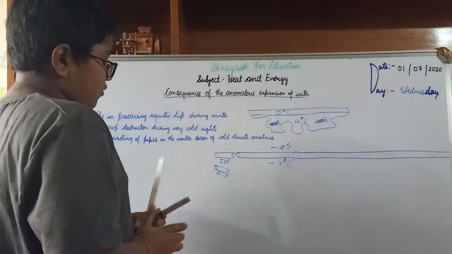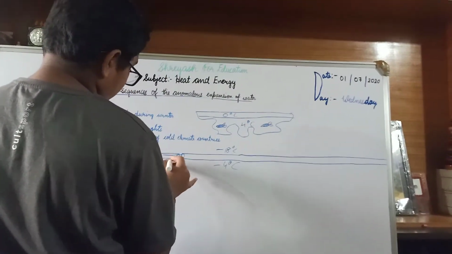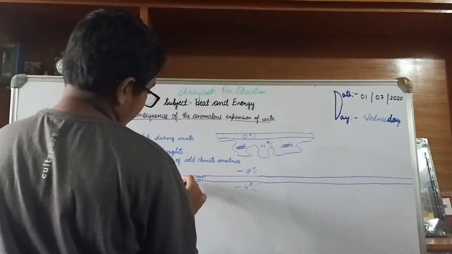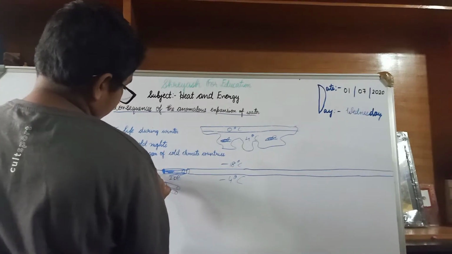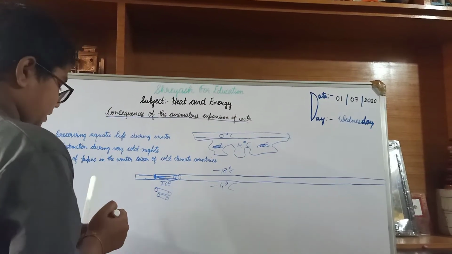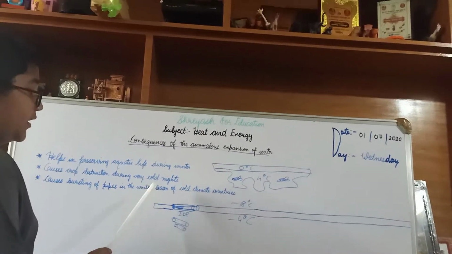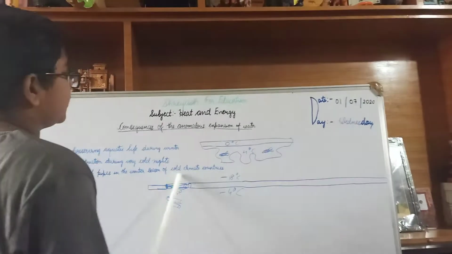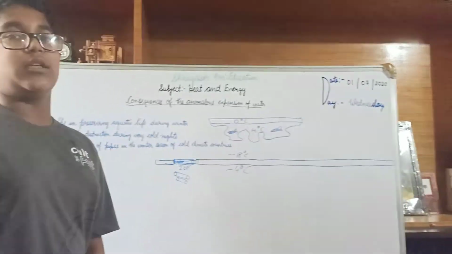At that time, water freezes and it expands. When this is blocked, it tries to expand beyond this, and so it breaks the pipe open. So that's why it causes the bursting of pipes in the winter season only of cold climate countries. It does not happen in areas near the equator.